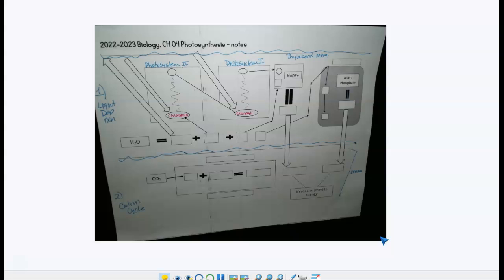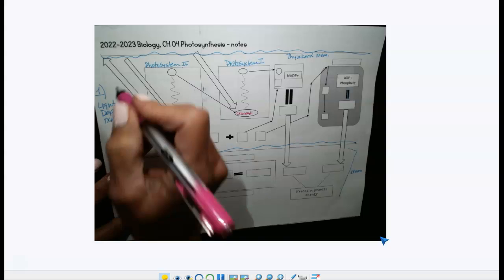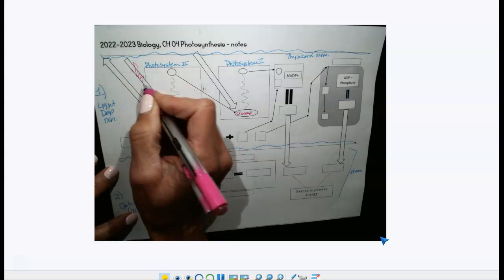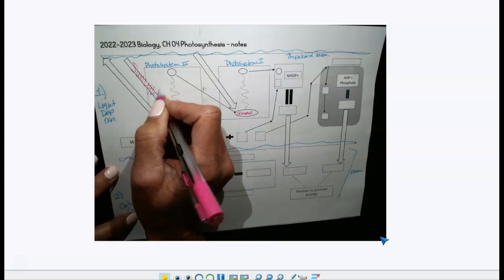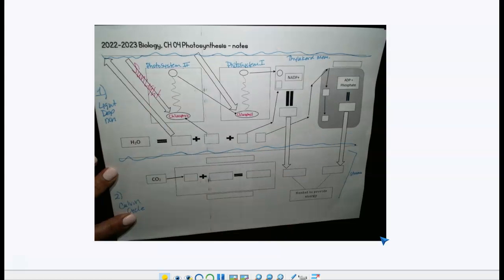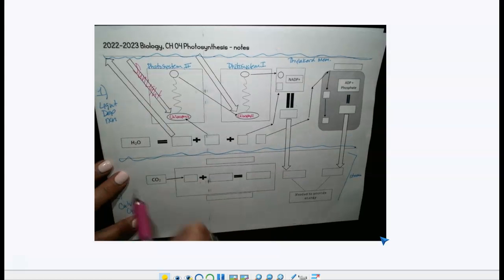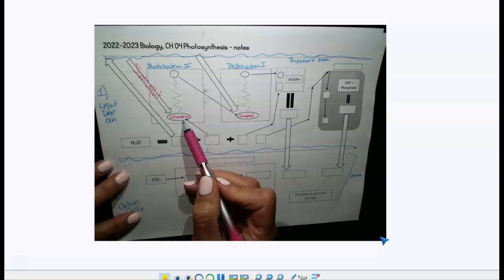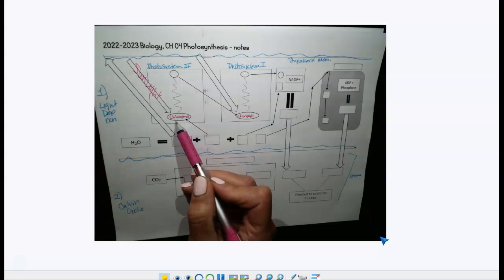The thing that starts this off is sunlight, so I'm going to write sunlight right here. Sunlight comes into the thylakoid membrane and hits the chlorophyll, and the chlorophyll absorbs the red and the blue.